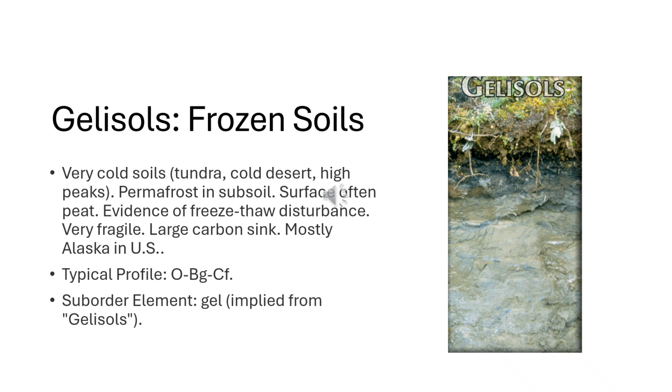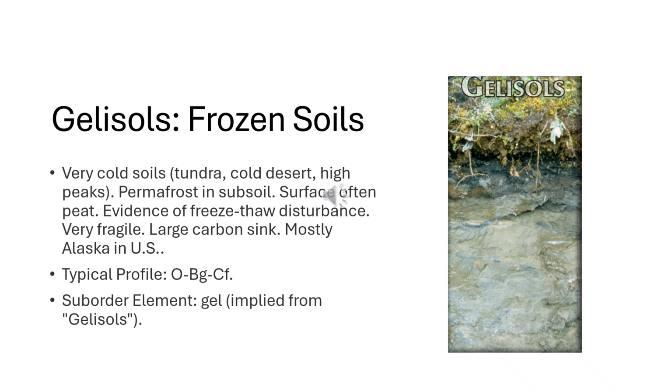And our last order, the gelisols, are the very cold soils, characteristic of the tundra, cold deserts, high mountain peaks. A defining feature is permafrost in the subsoil. Their surface often consists of peat because the cold, wet conditions inhibit organic matter decay. They show signs of disturbance from freeze-thaw cycles, and they're considered very fragile, healing slowly from human impact.